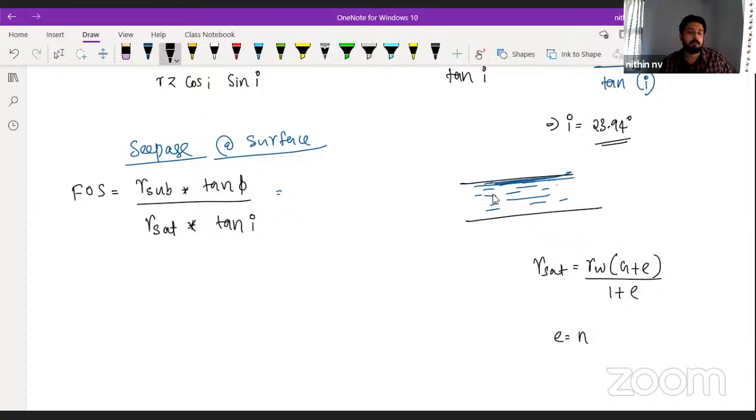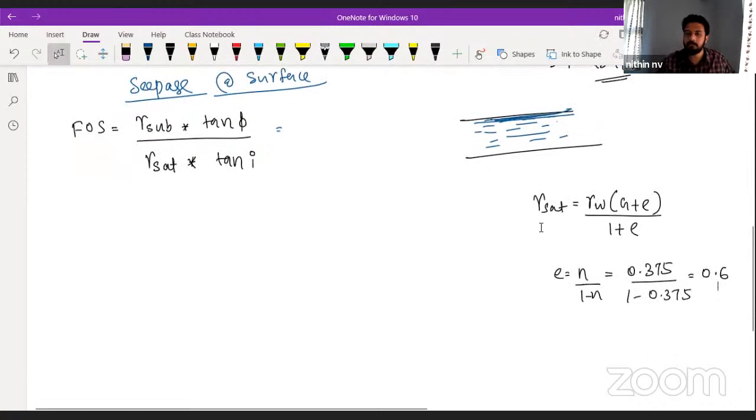Tell me how much it is. 0.6. Are you getting the same answer, everyone? So e is equal to n divided by 1 minus n. So the e value I got is 0.6.